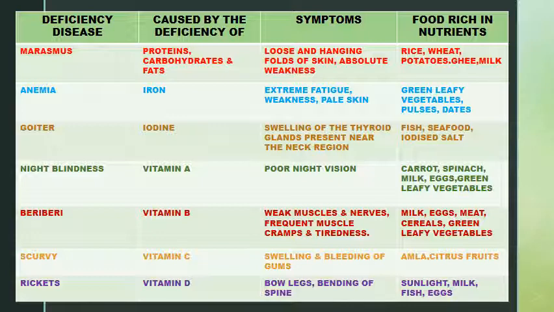Deficiency of vitamin D causes rickets among the children. The main symptoms of this disease are poor growth, bow legs, and bending of spine. To prevent this disease, we should take milk, cheese, eggs, fish, and even sunlight is also a good source of vitamin D.